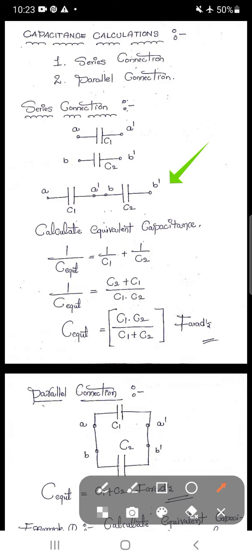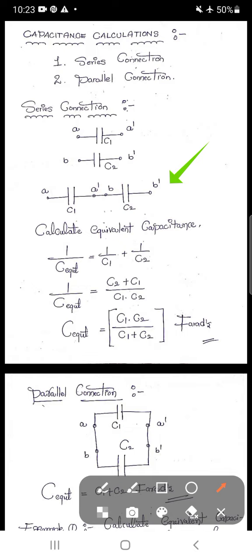A and A dash are the terminals of capacitor C1, and B and B dash are the terminals of capacitor C2. Whenever the A dash terminal of capacitor C1 is directly connected to the B terminal of capacitor C2, this type of connection we call a series connection.